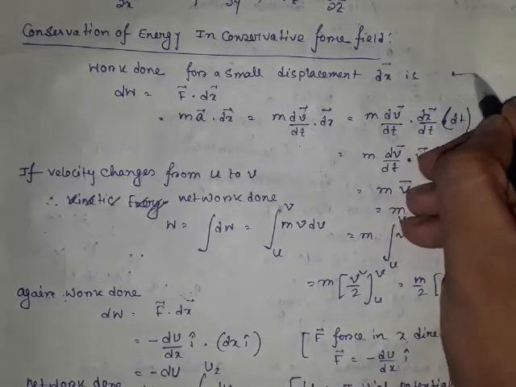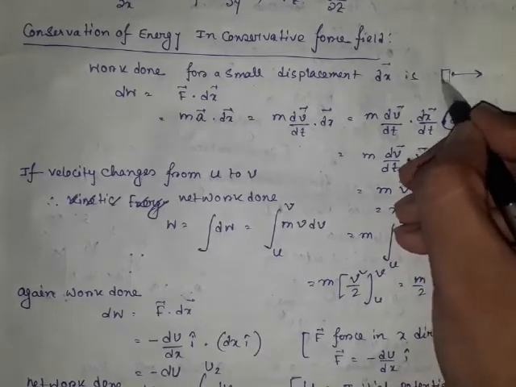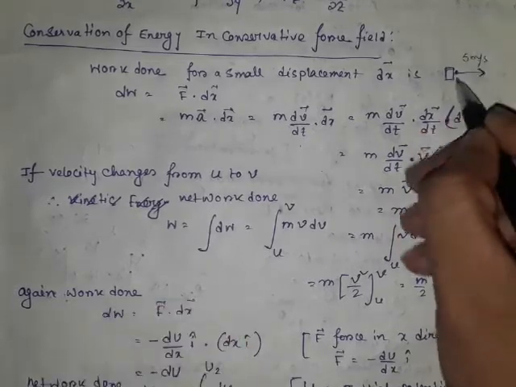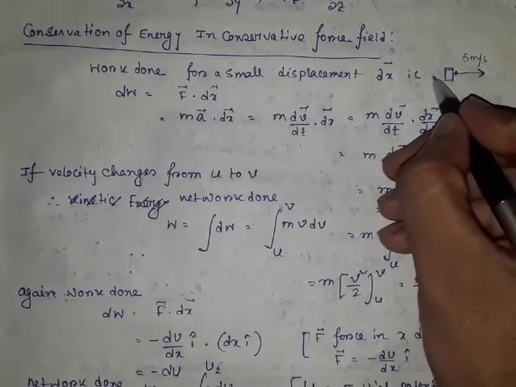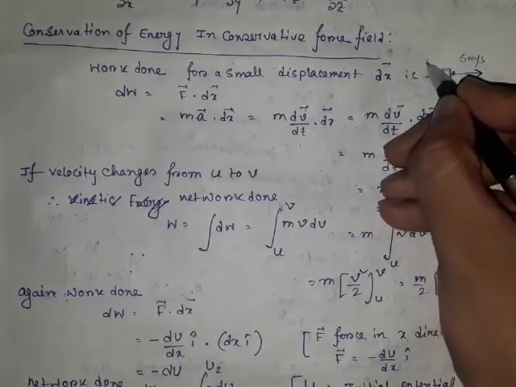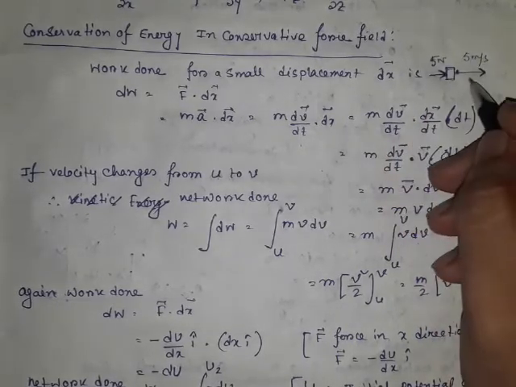Now take an example: an object is moving in this direction with a velocity of 5 meter per second. If you want to get some acceleration, you have to put a force in the same direction. Let's say you have applied a force of 5 Newton in the same direction as the motion of the object.